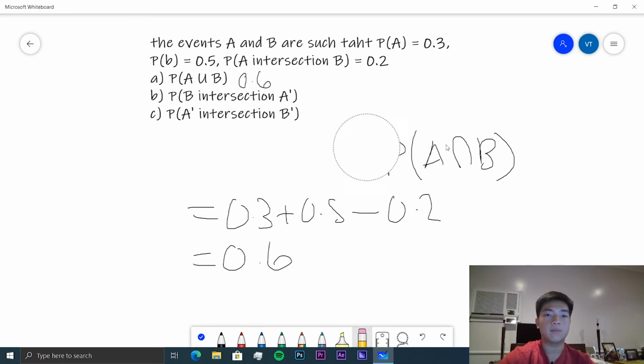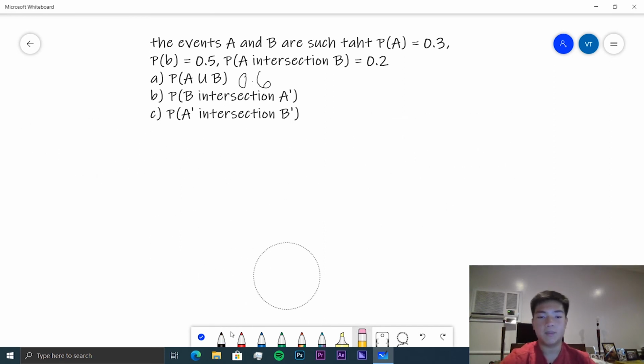Okay, next, probability of B intersection A prime. So, A union B is equal to 0.6.